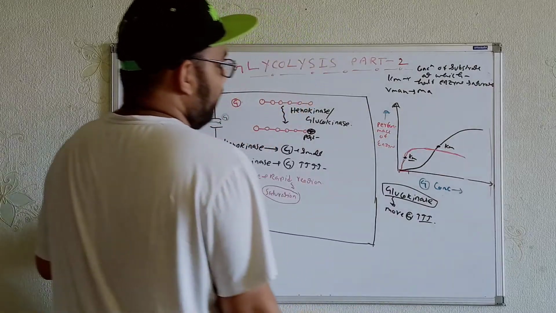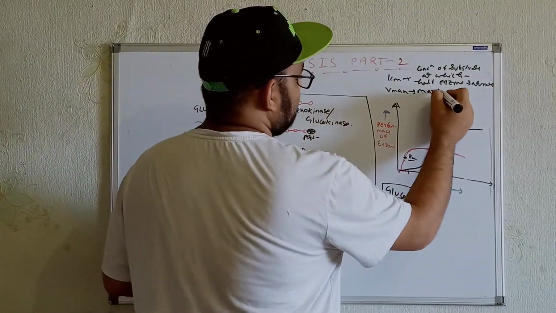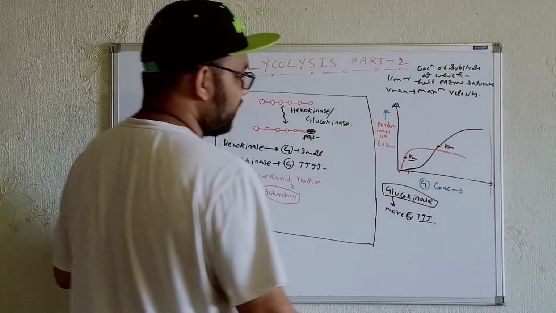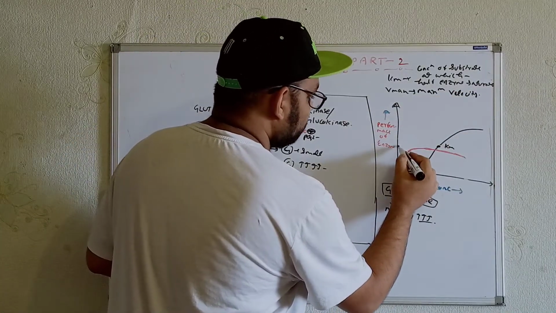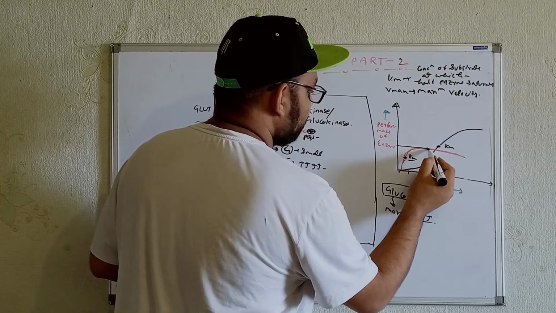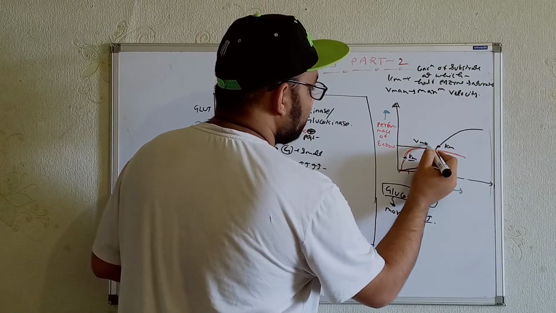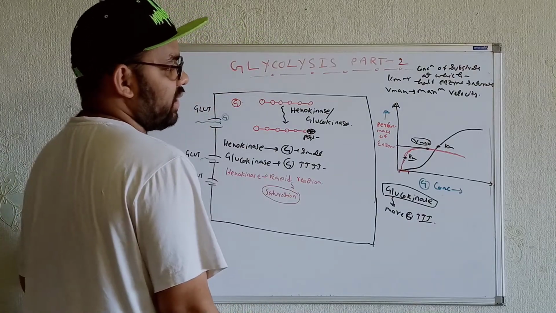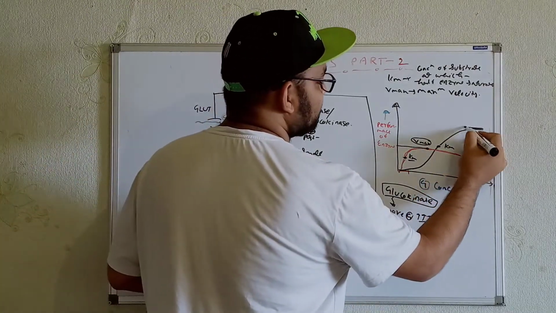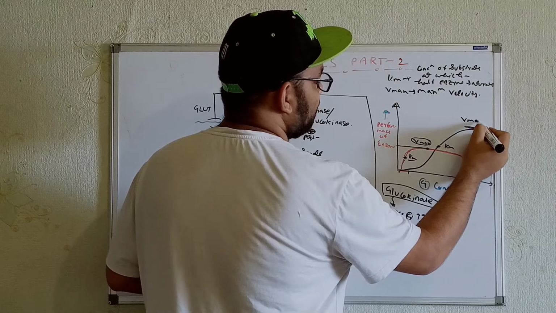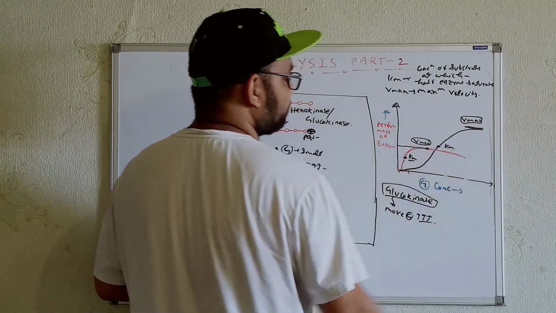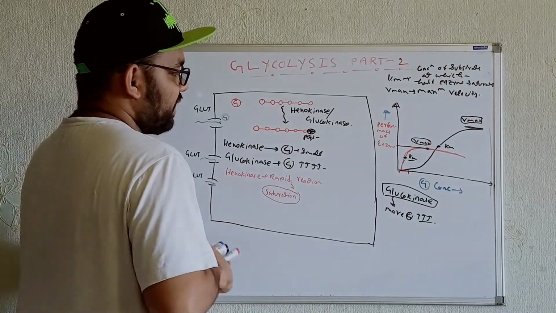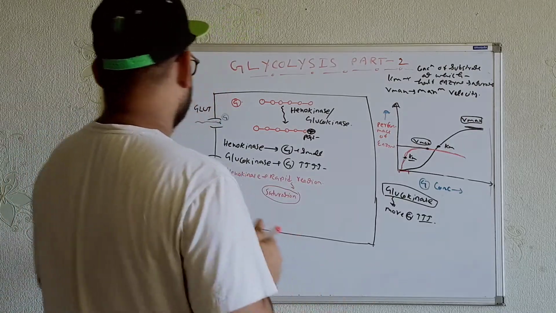And Vmax means the maximum velocity, that means the speed of the reaction in this case. Now see, we get the Vmax up to here. This will be the Vmax for hexokinase. And for example, I'm just taking this part. This is the Vmax for glucokinase.